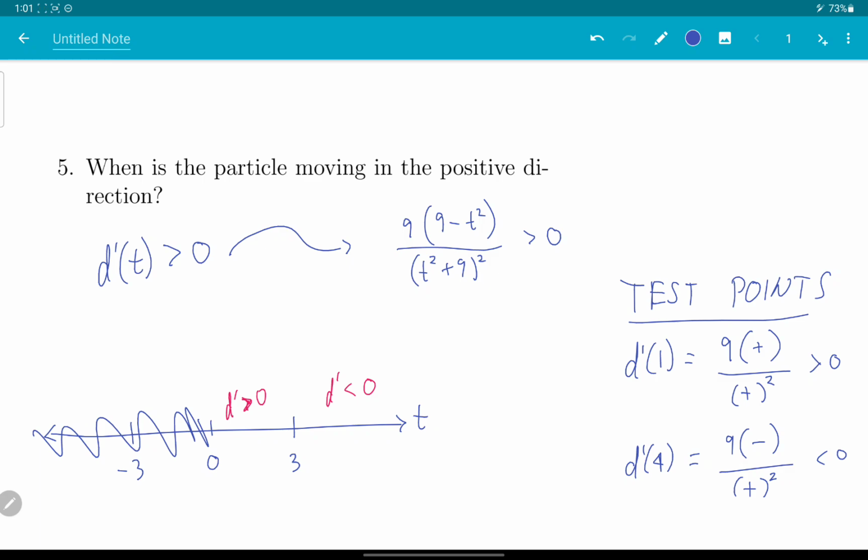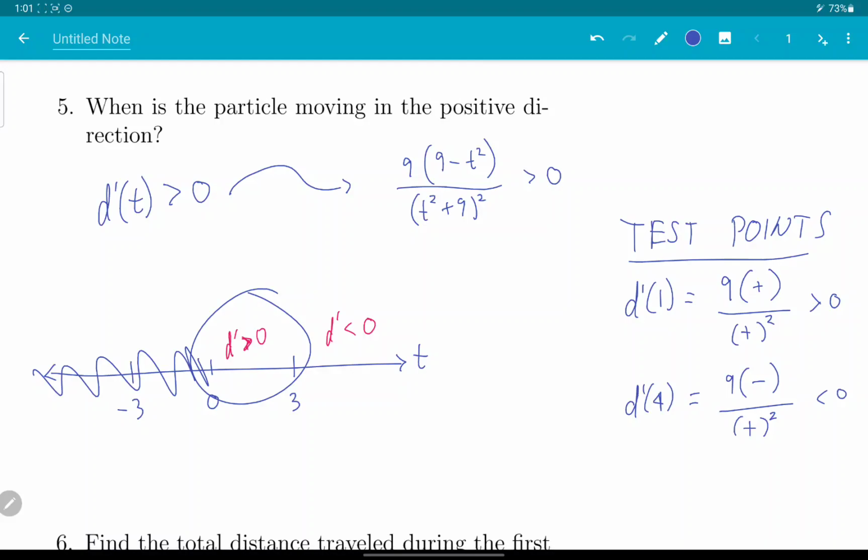Now I can answer my question. My question is, when is it moving in the positive direction? That is this guy here. So the interval is going to be 0 less than or equal to t less than 3.